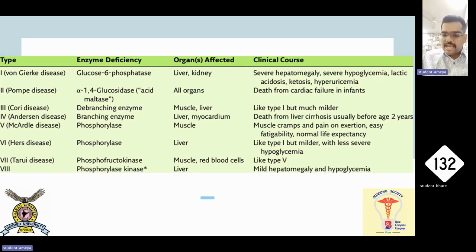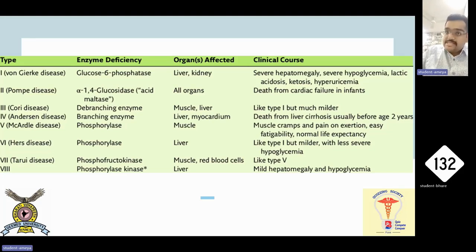PM, P standing for Pompe's disease, which is GSD 2, the enzyme deficient is M, that is lysosomal maltase or acid maltase or lysosomal acid 1,4-glucosidase.